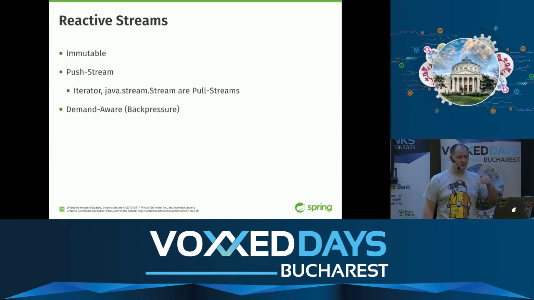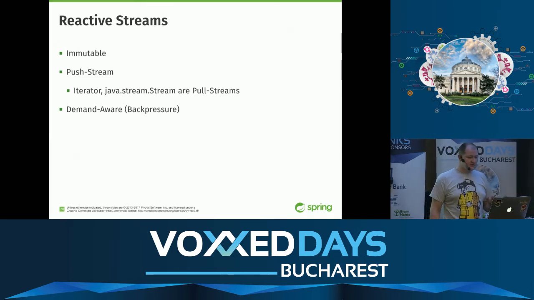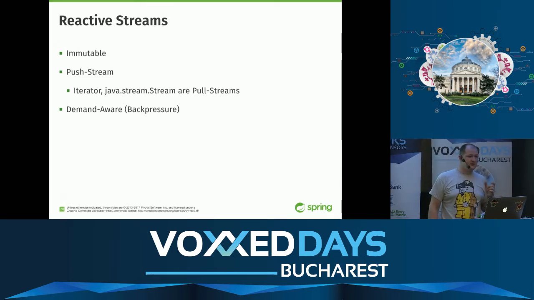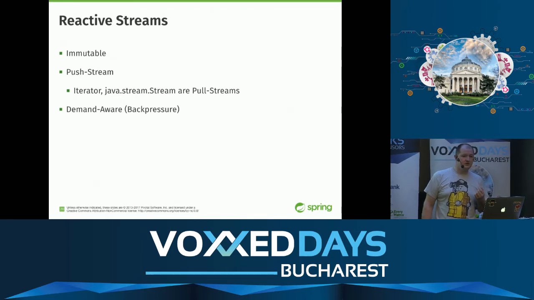In contrast to that, a Reactive Streams publisher is a push stream, in which data is pushed from the I/O side. And another thing which also comes into play is that Reactive Streams is demand aware, so it won't overwhelm your service in case the database is faster than your front-end processing, and that's called back pressure.